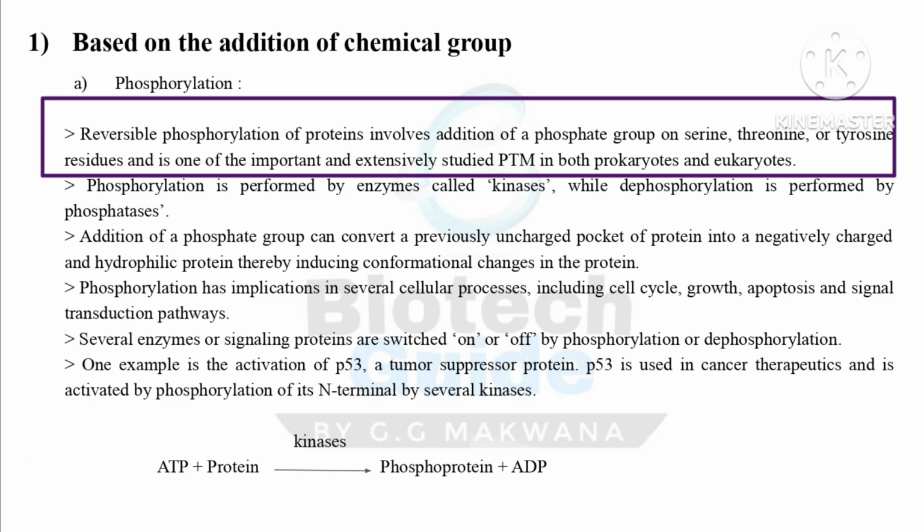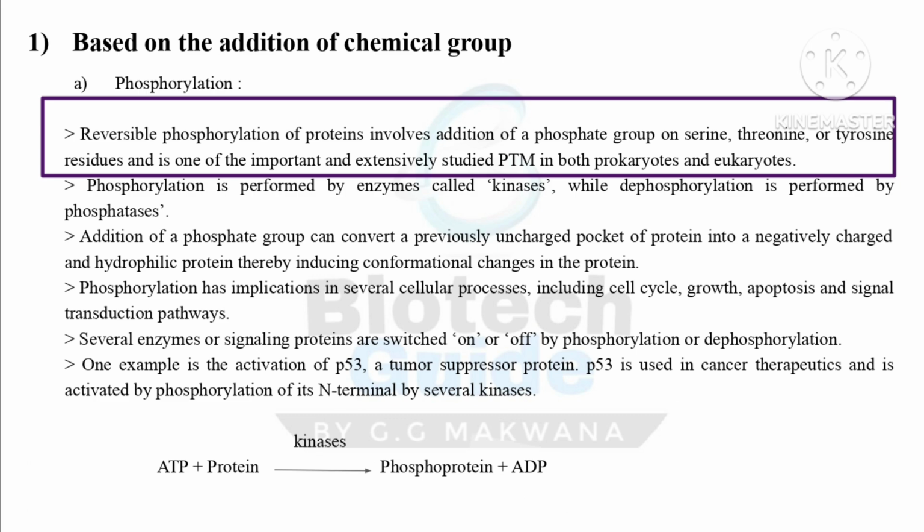So first, phosphorylation. Which mechanism is used here? Phosphorylation and dephosphorylation. Phosphorylation means addition of a phosphate group, and dephosphorylation means removal of a phosphate group. Phosphorylation takes place on which kind of amino acid? Serine, threonine, or tyrosine amino acid residues. So this is the mechanism.